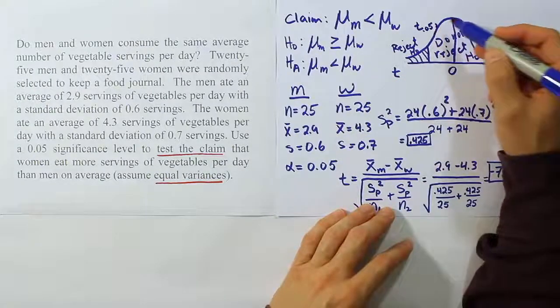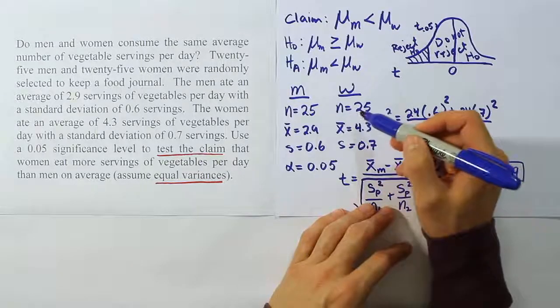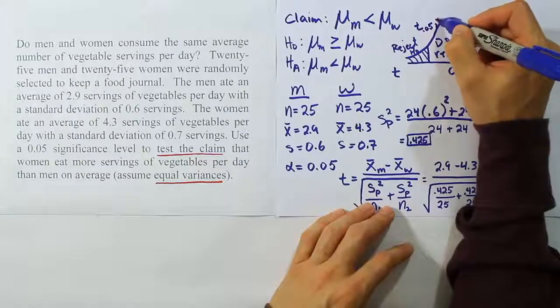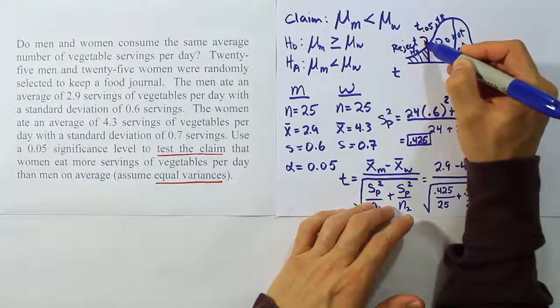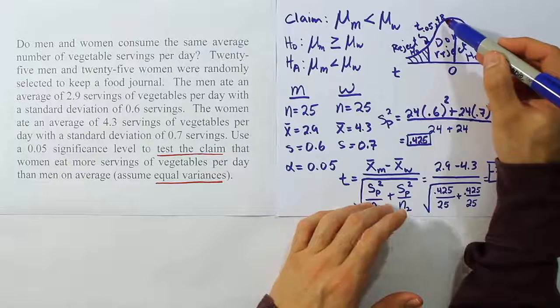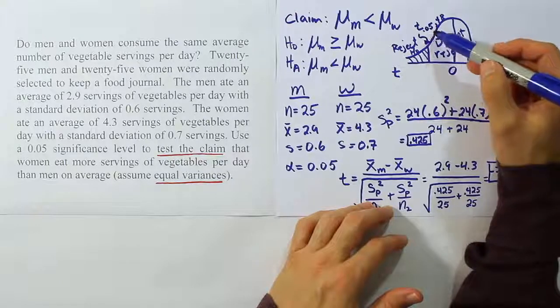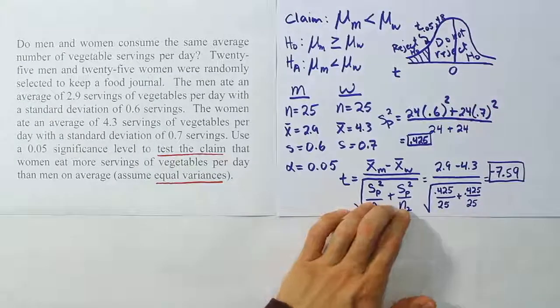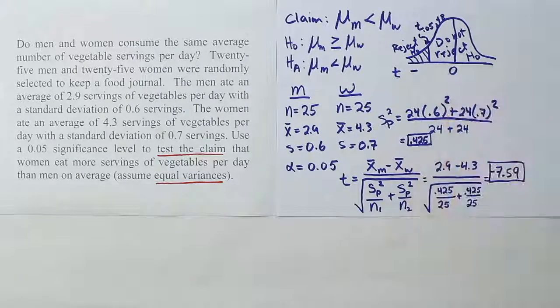The degrees of freedom here is going to be the sum of these two minus 2, so 25 plus 25 minus 2, which of course is 48. So the critical value that's going to go here is a T.05, 48 value: 48 degrees of freedom and 5% alpha all in one tail. Let's go to our 0.05 column and look up 48 degrees of freedom. Remember, if it's on the left-hand side of the curve, it will be negative. So let's put the negative in there up front so we don't forget to do it later.